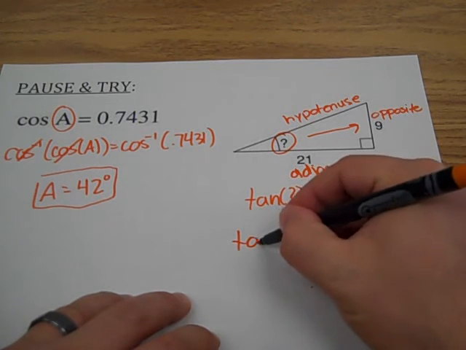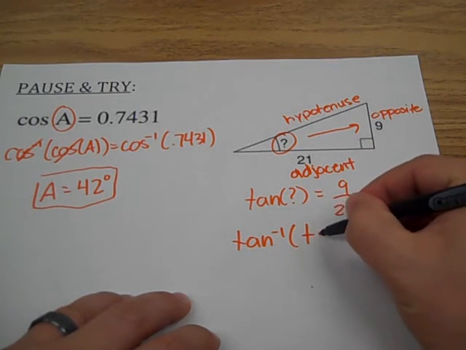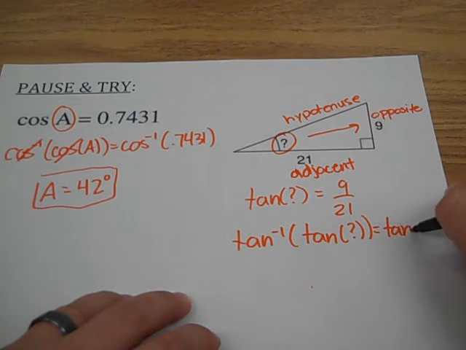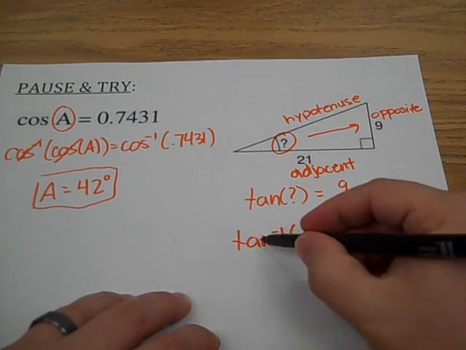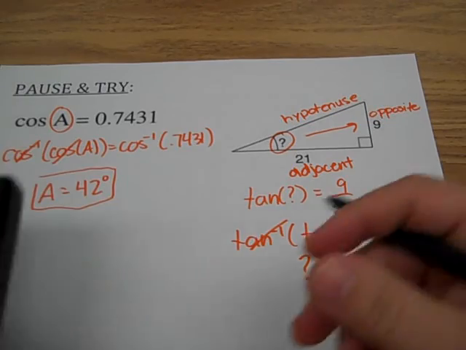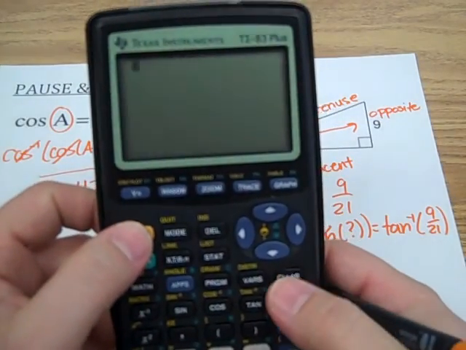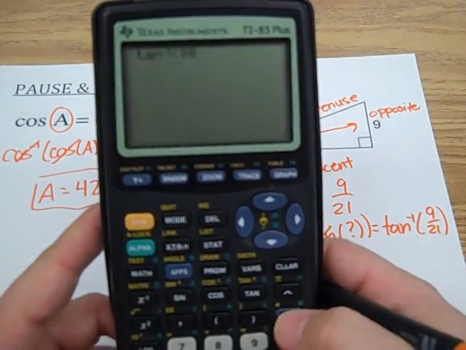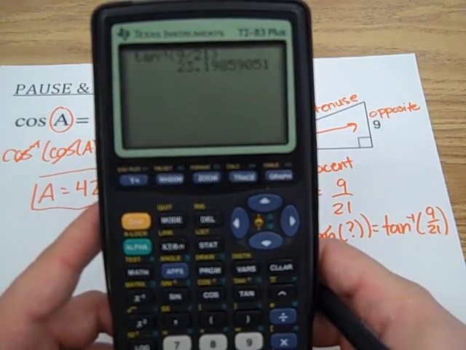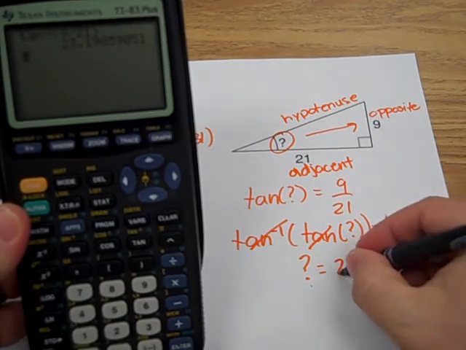Then I take the inverse of both sides. The tangent inverse and the tangent cancel, and I get question mark to be, we'll do tangent inverse, 9 divided by 21, close to 23.2 degrees.